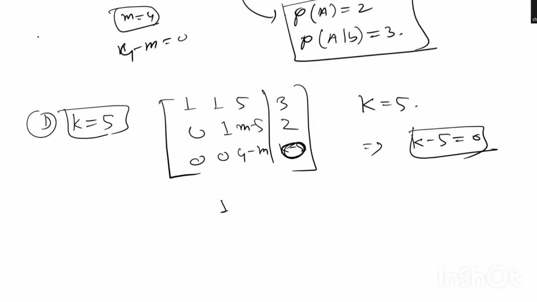Now if 4 minus m is not equal to 0, then the rank of A equals the rank of the augmented matrix, which equals 3.